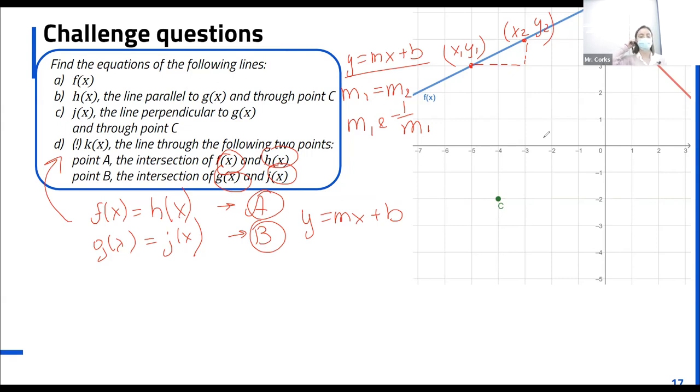You can try to solve it later on by yourself. And let's get to our last task.